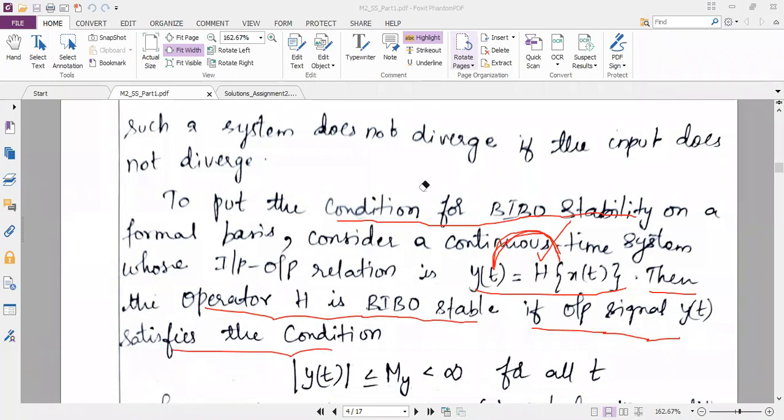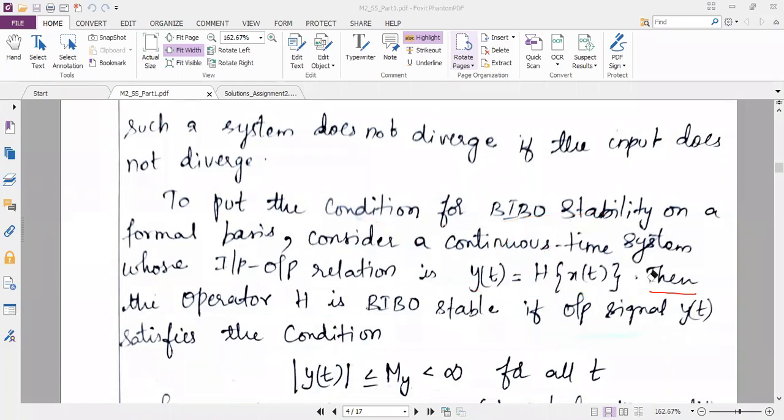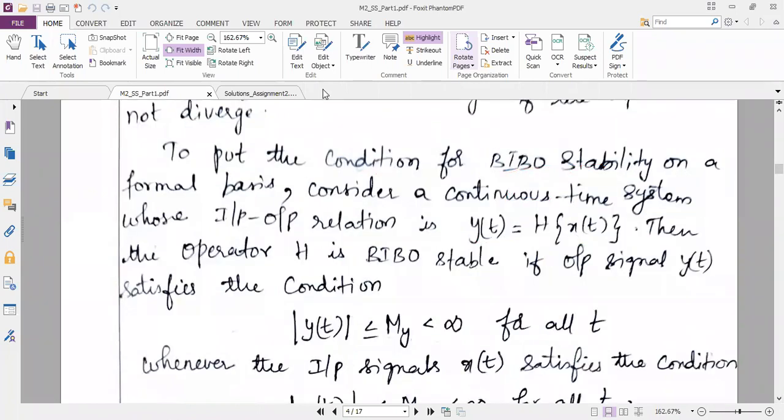So understand the concept. I am going to write the condition for the BIBO stability. To write the condition for the BIBO stability, first I am writing my output in terms of input using the operator capital H. Now I am telling that operator H is BIBO stable. That operator is present inside the system.